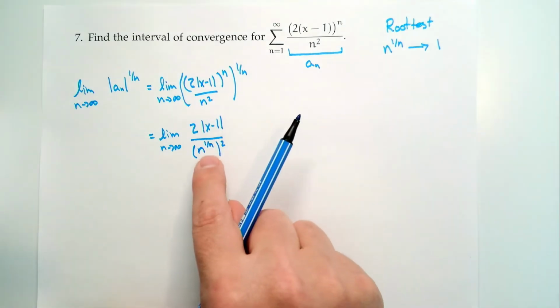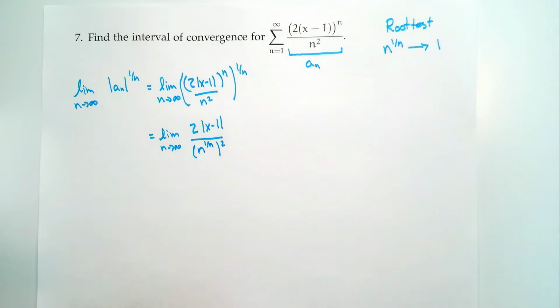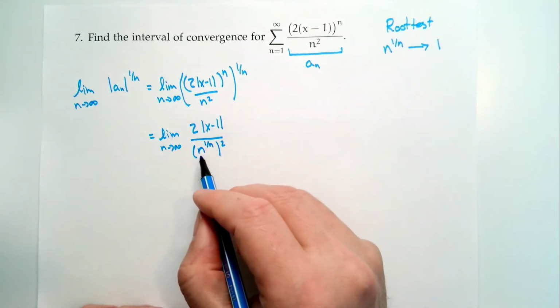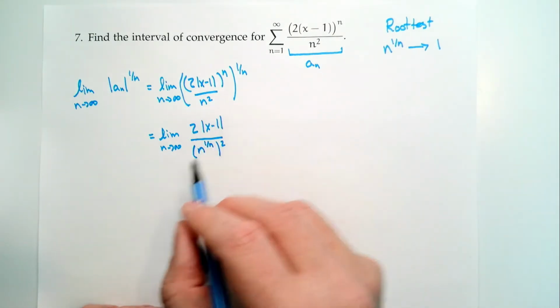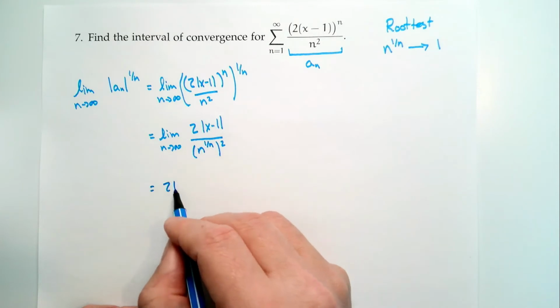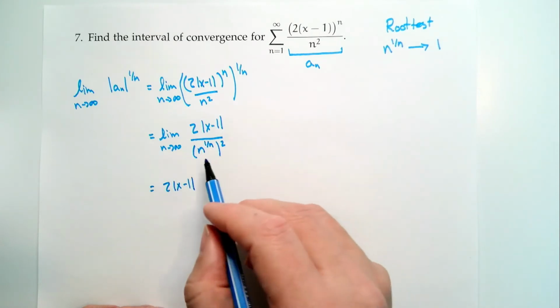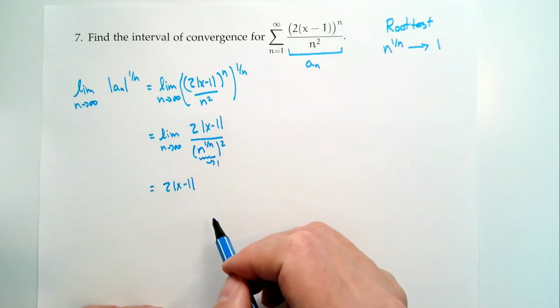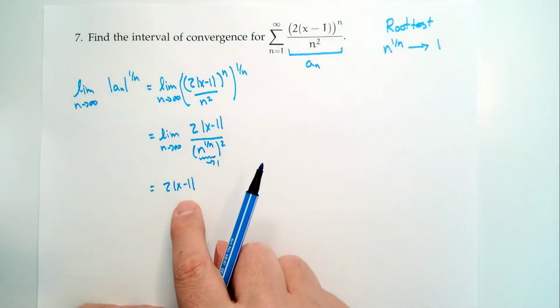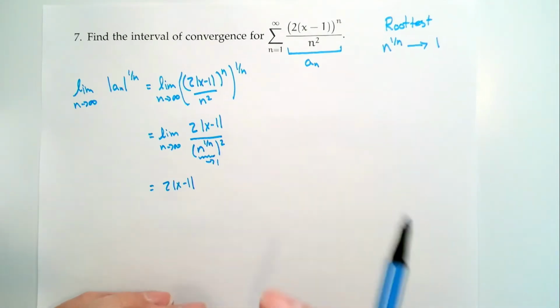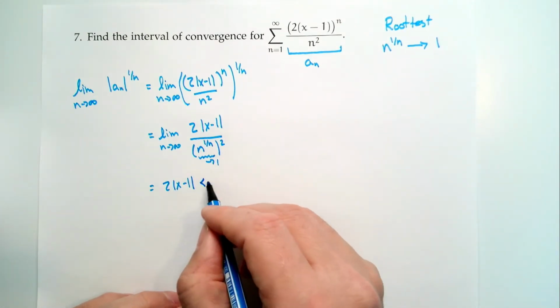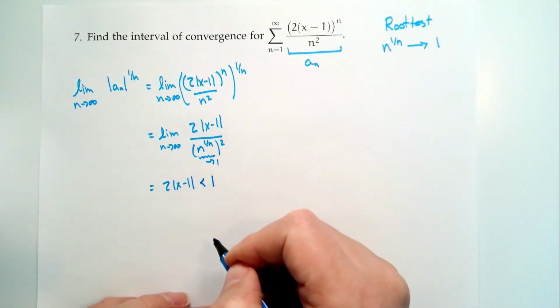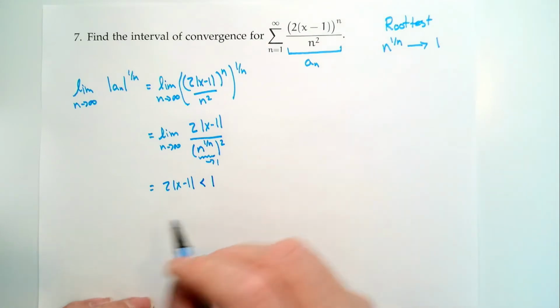And the reason we want to do that is we want to use our nice little fact. So we say, hey, the top is always going to be 2 absolute value of x minus 1. And the bottom, this little piece down here, goes to 1. So that's the limit. And that will converge when this is less than 1. That's what the root test says.